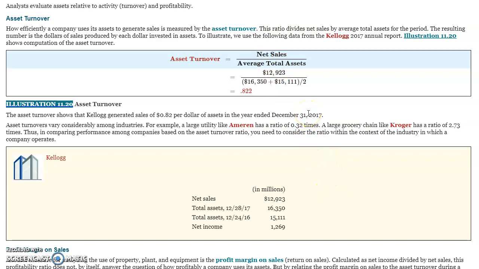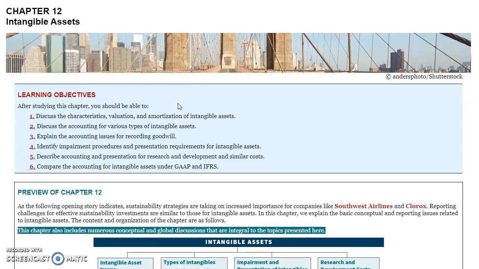Okay. So the last area that I want to discuss is actually just a little bit of insight into intangible assets. Keep in mind, for PPE, we depreciate. When it comes to natural resources, we deplete. And in chapter 12, which we will go over once we get to meet next week, we will be learning about intangible assets.